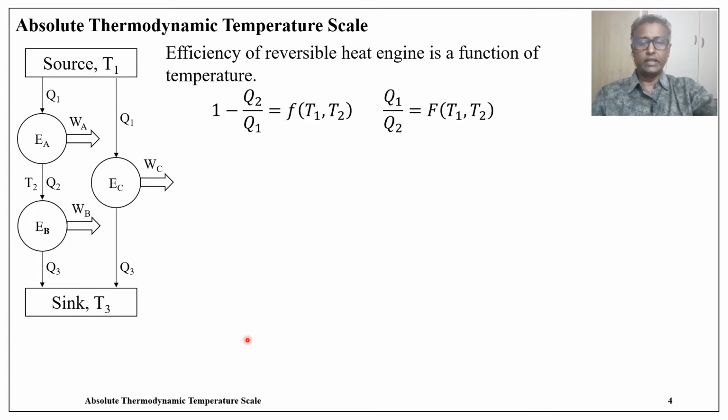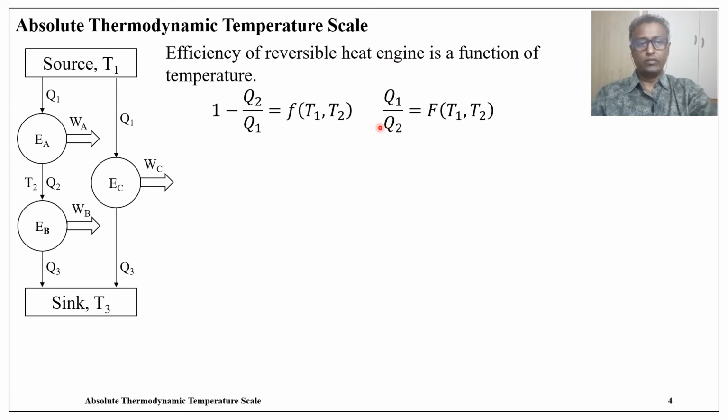Also, assume there is one more reversible heat engine C working between the temperature limits T1 and T3. The quantity of heat rejected by engine C is equal to the quantity of heat rejected by engine B. Similarly, the quantity of heat taken by engine C is equal to the quantity of heat taken by engine A. Engine C is also delivering work.